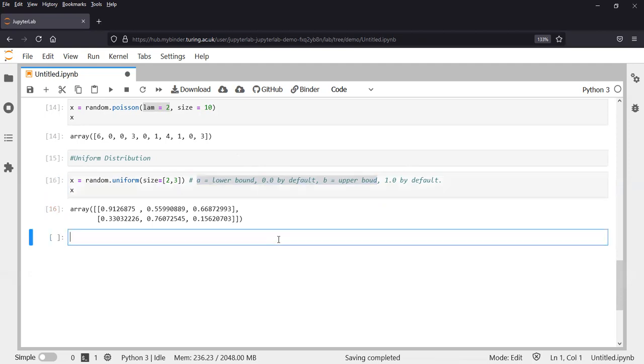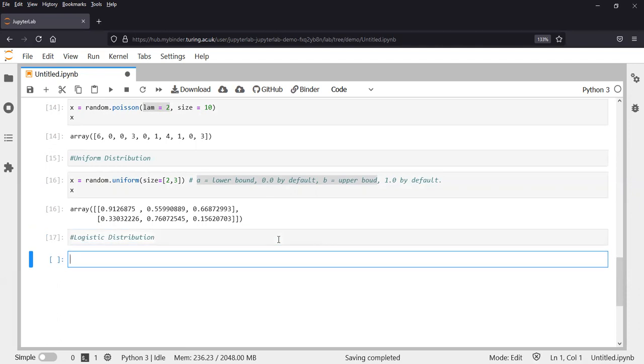Okay, the next is the logistic distribution. It has a similar structure. You just type random dot logistic.